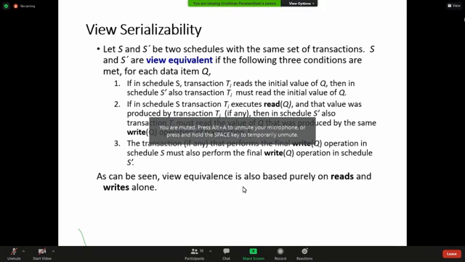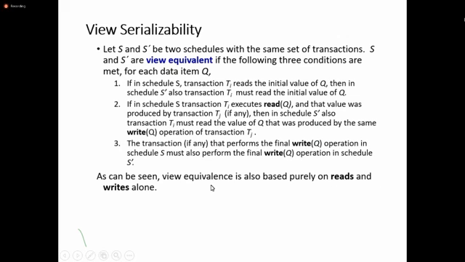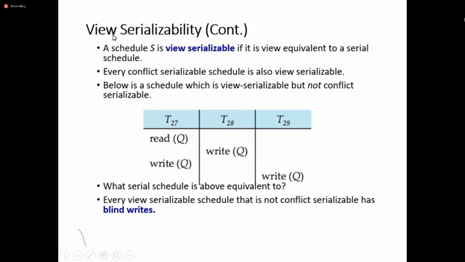As can be seen, view equivalence is based purely on reads and writes alone. A schedule is view serializable if it is view equivalent to a serial schedule. Even a conflict serializable schedule is also view serializable.